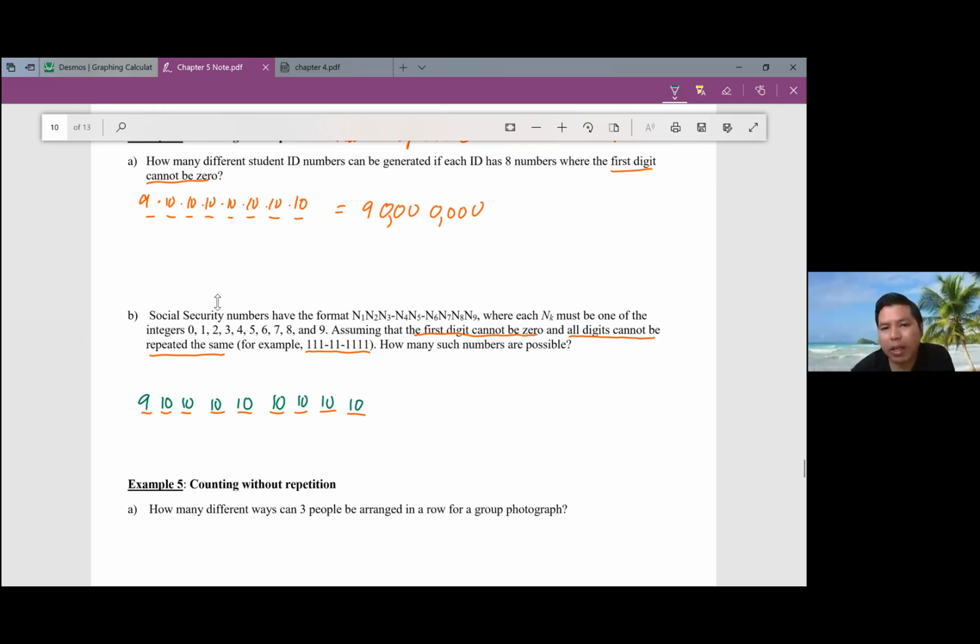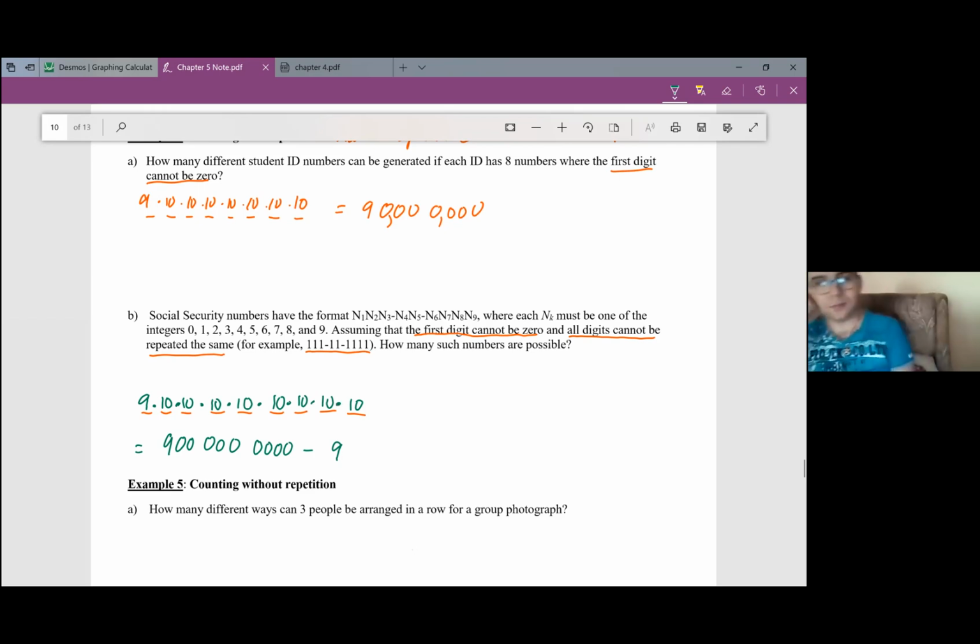Subtract the ones you can't use, so subtract 9. That's right. And that will give you an answer. Okay, does that logic make sense?